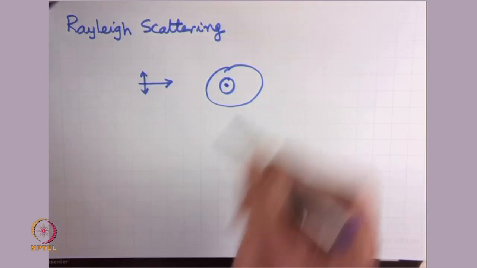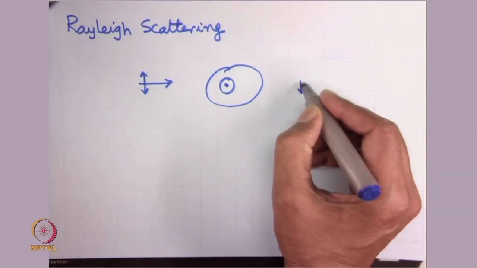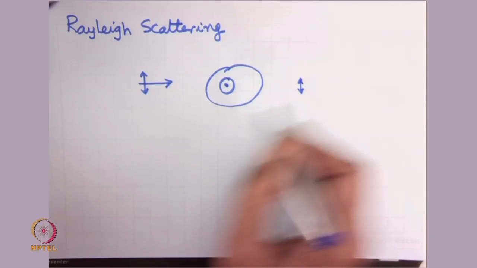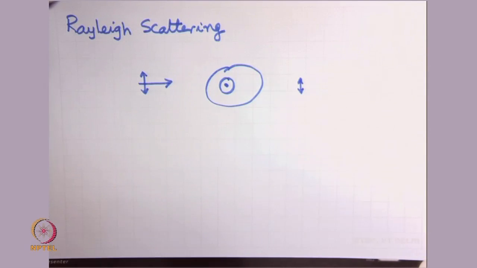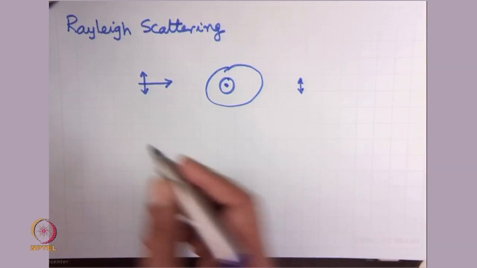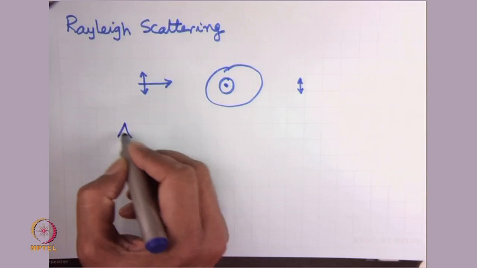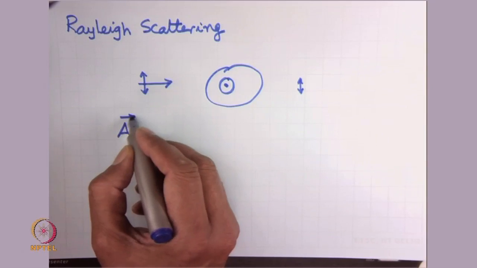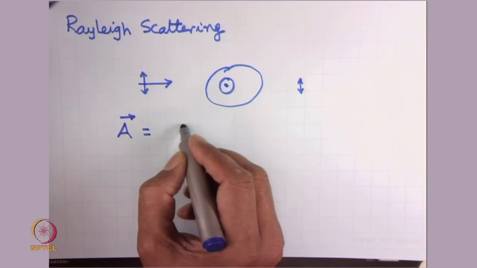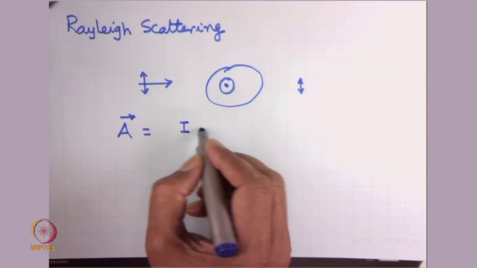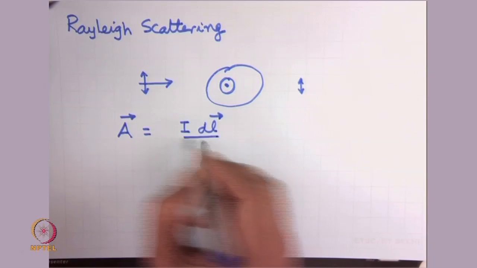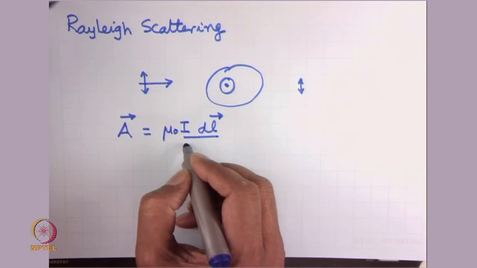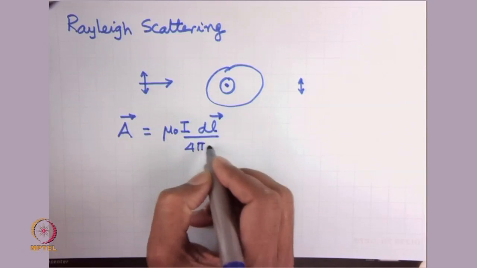The electron cloud is essentially undergoing oscillation like this, and this becomes like a small dipole, it radiates. And for dipole radiation, if I calculate the vector potential of a dipole radiator, it turns out to be the current in the dipole into the length of the dipole into mu 0 times this quantity upon 4 pi distance r.